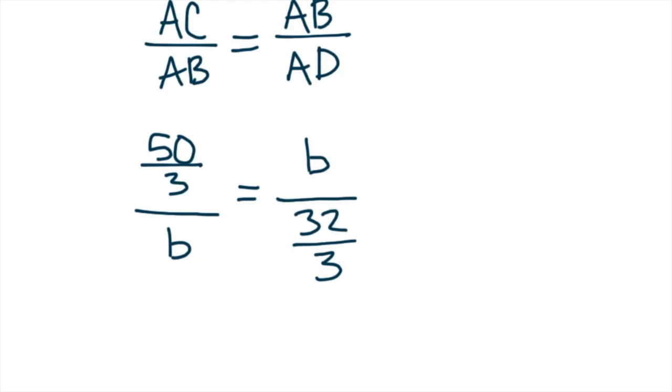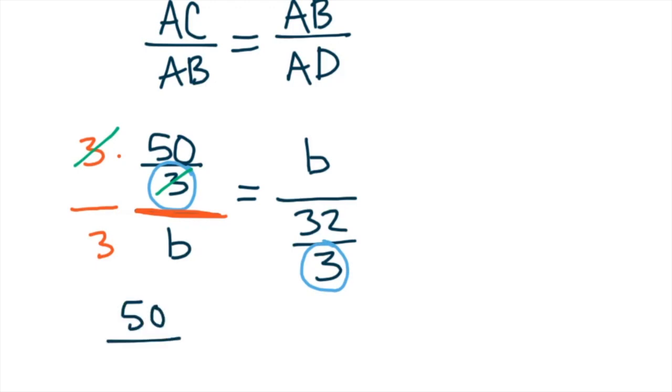So one really quick trick I showed you before, if you ever want to eliminate a denominator, you simply multiply everything by that denominator, and then it's like magic, it goes away. So we're going to take this fraction and multiply the numerator by 3 and the denominator by 3. So in doing this, bye-bye denominator of 3, and we can now rewrite this problem as 50 over 3b. Much prettier.